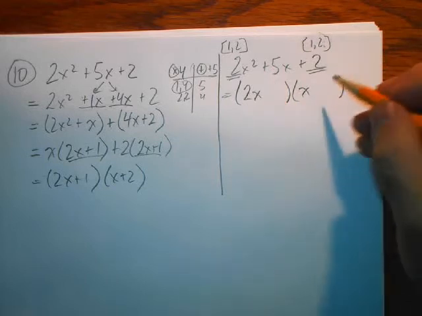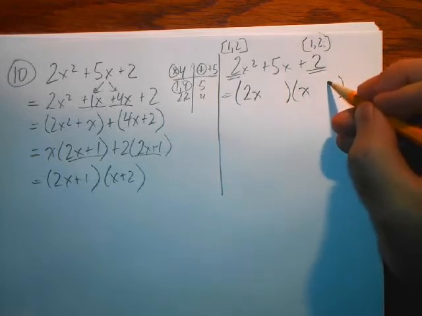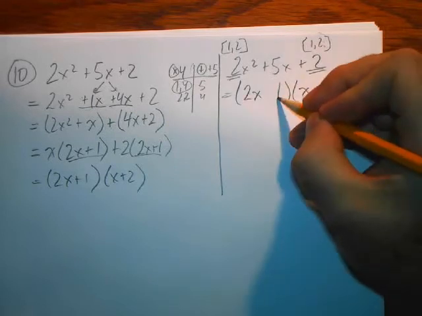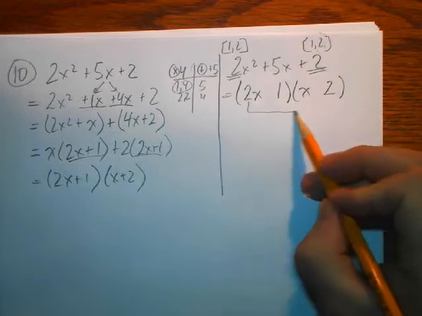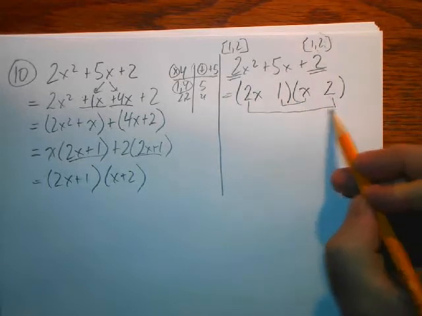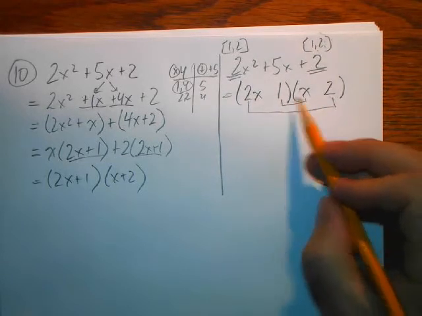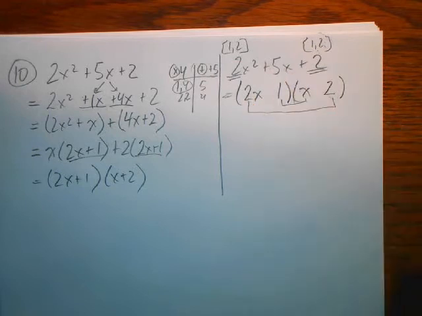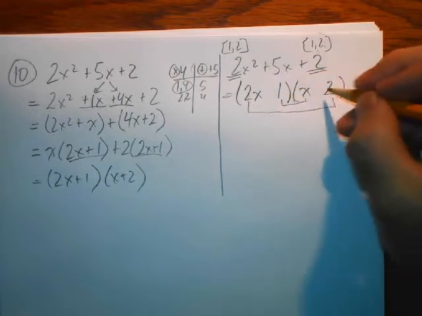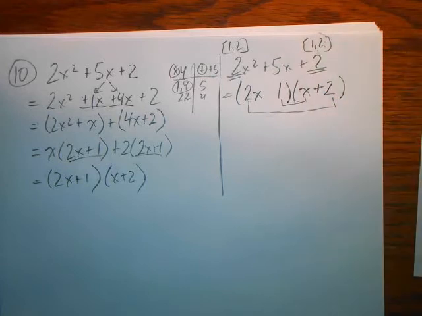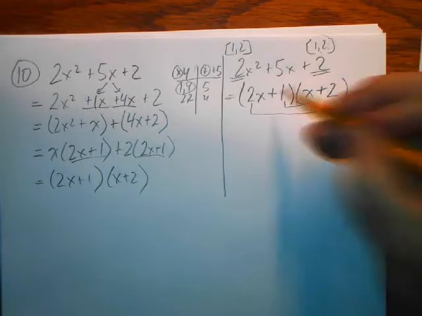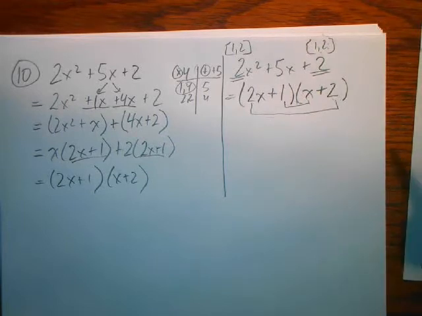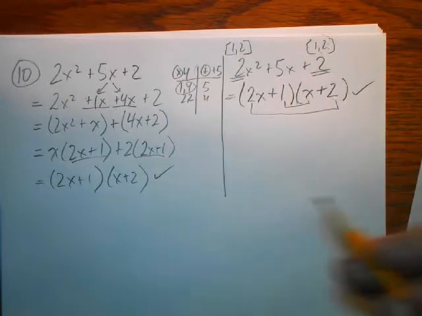Now when I do the outside, I get a 4x and a 1x, which gives me a 5x, but the 4x has to be positive, so the plus sign goes there. The 1x also has to be positive to give me 5x, so that goes there, and you can see you get the same answer. This was still quicker by quite a bit, even though we went through that one quickly.